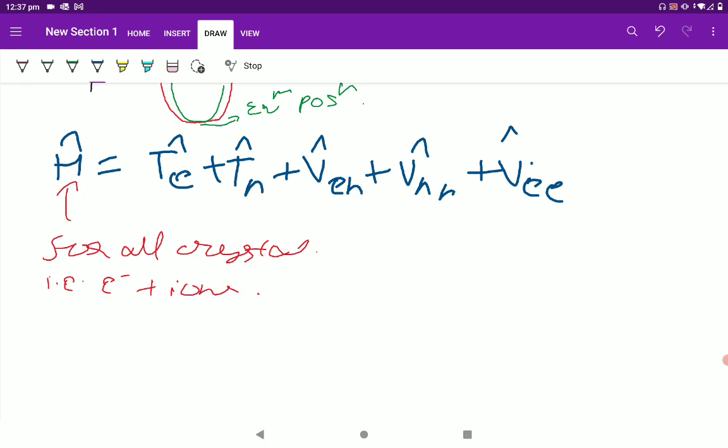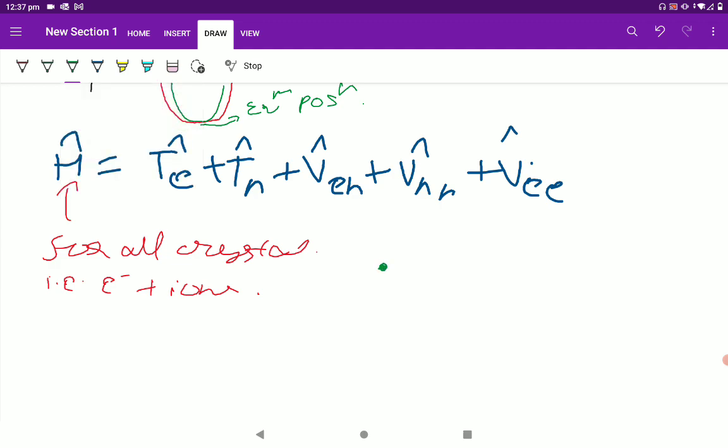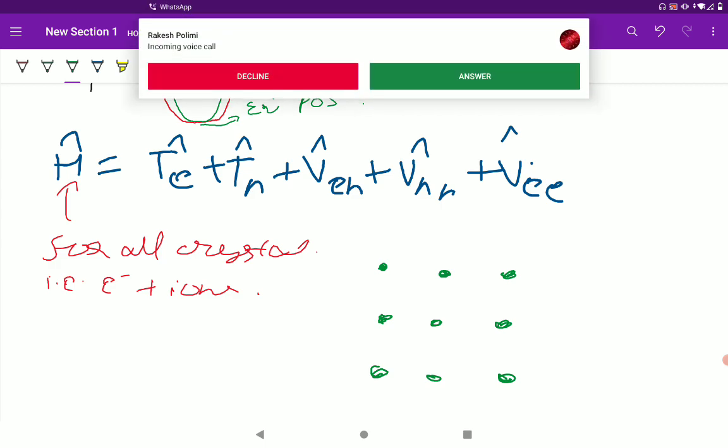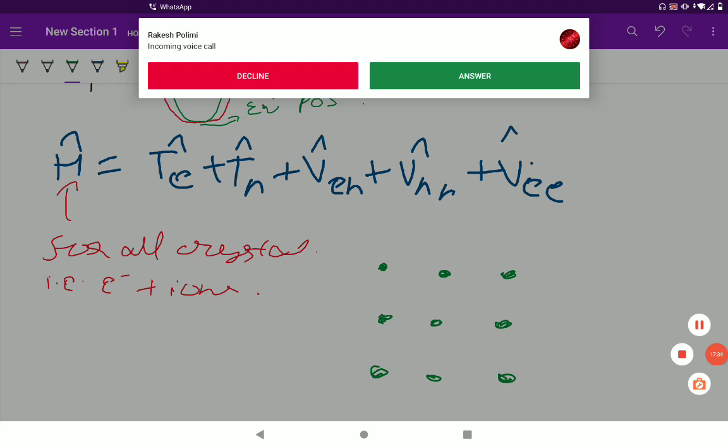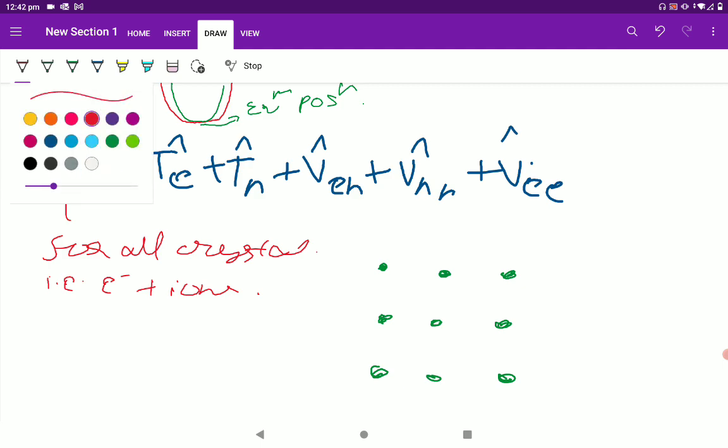Now let's write the position of nuclei. Consider the atoms here. So imagine this is a Bravais lattice, and we have the lattice position indicated in this fashion.